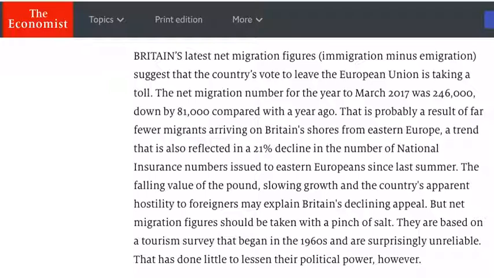The writers put the brackets to define exactly what they mean by migration figures. Suggests that the country's vote to leave the European Union is taking a toll. Taking a toll. That means having an effect. It is affecting what's happening.